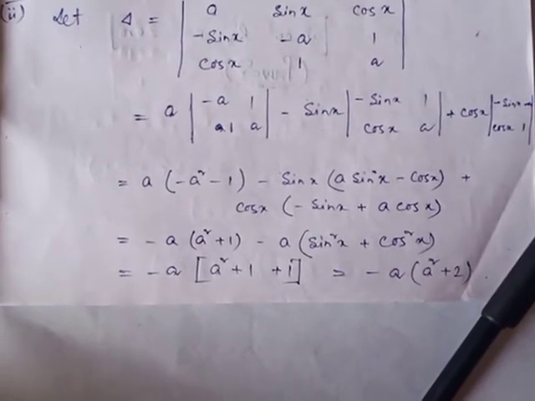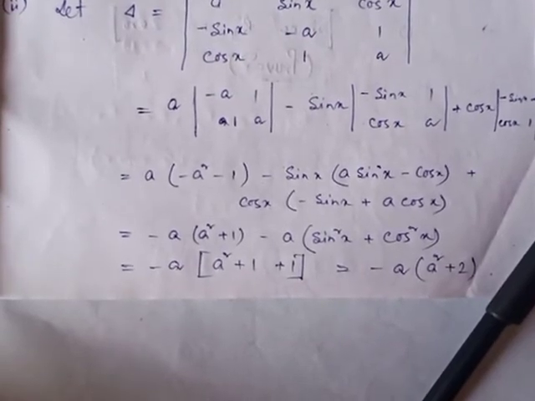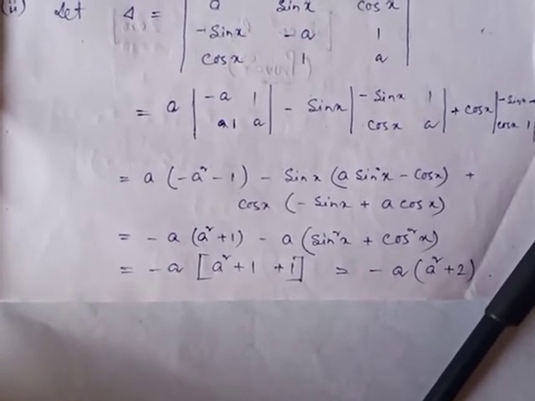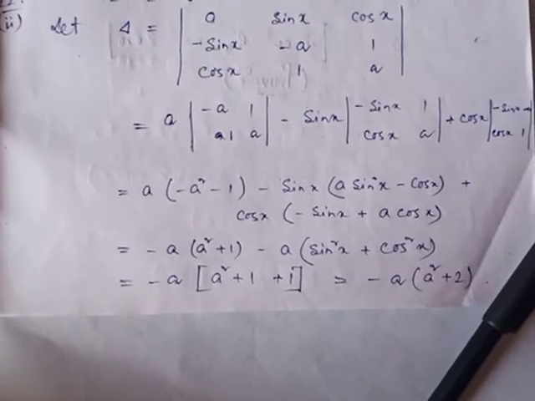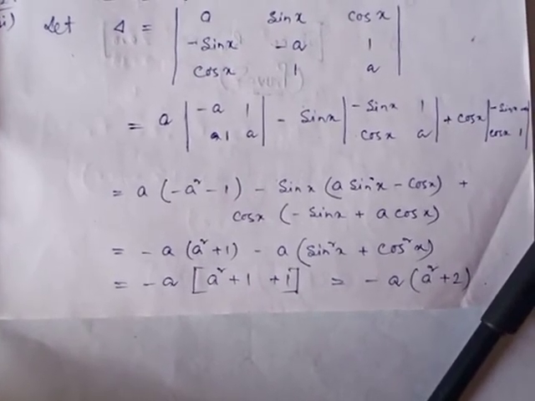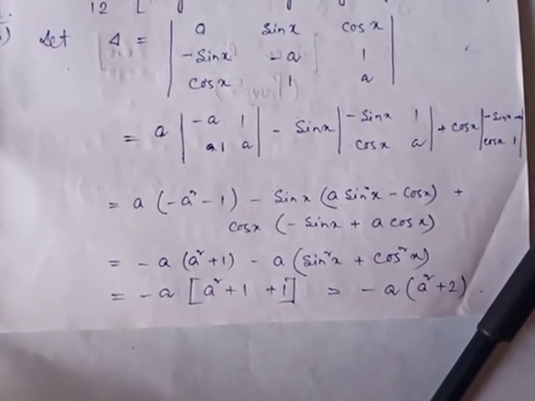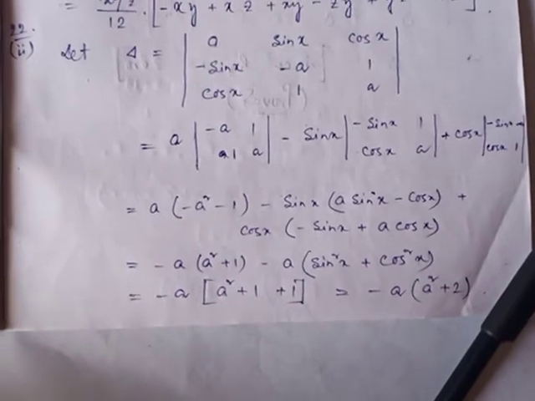Now we can write minus a square plus 1 minus a (sin square plus cos square x). So we can write minus a square plus 1 plus 1, that means minus a square plus 2, which is given in the right hand side. Proved, okay.